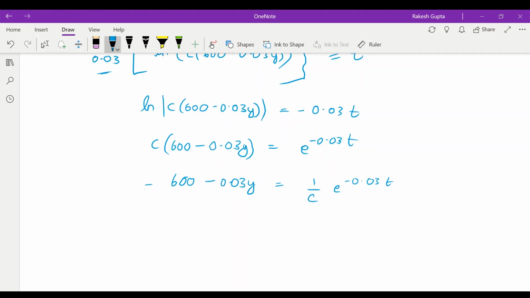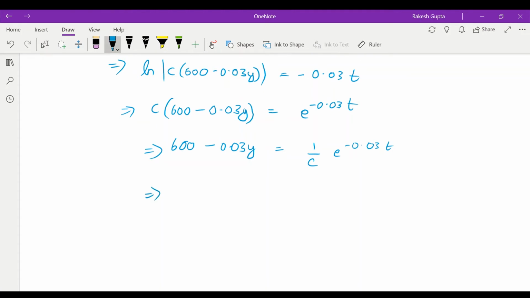I'm still just rearranging the terms, dividing the entire equation by 0.03.